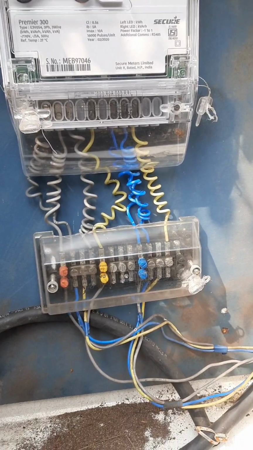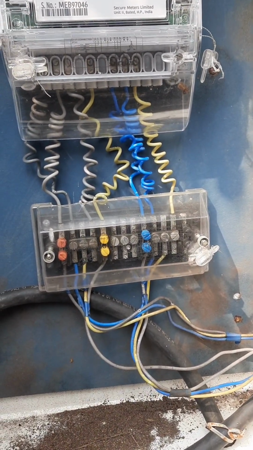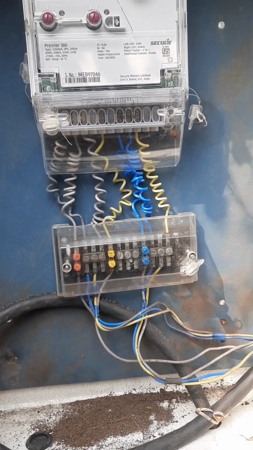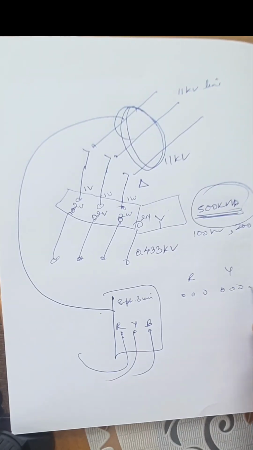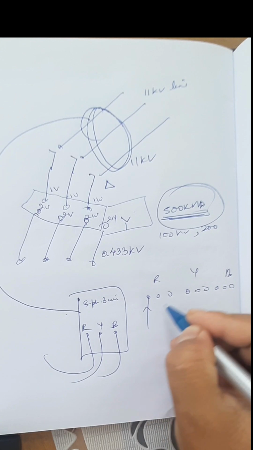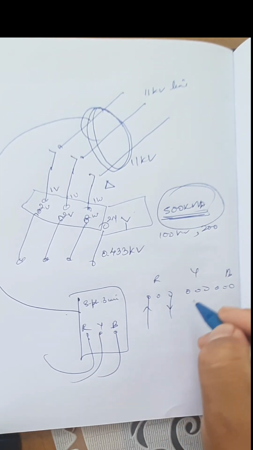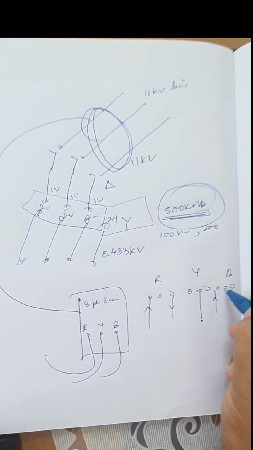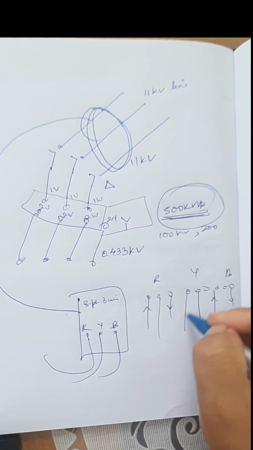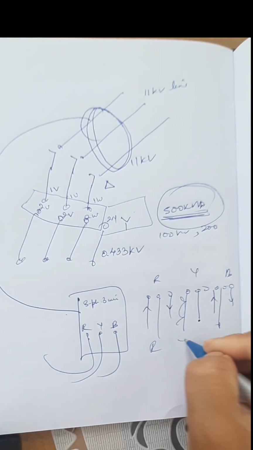So in R phase we take current in and out, in Y phase we take only PT, and in B phase again in and out. And PT is for all: R, Y, B.